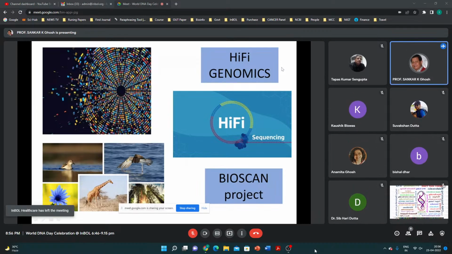Now, as I told you, Hi-Fi Genomics has come up to make the Bioscan project, because we know there are lots of different kinds of bioresources present on the earth, and the Bioscan project has started in such a way that all the organism genome sequences should be carried out very fast.